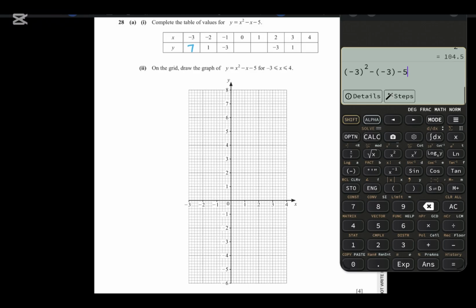Then take those values as 0. So it is 0 here and 0 again. So answer is minus 5.